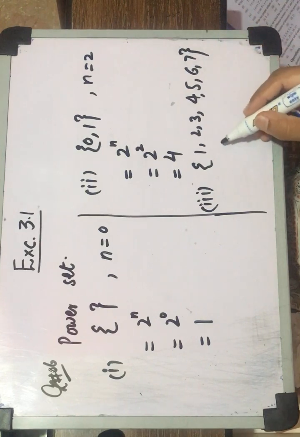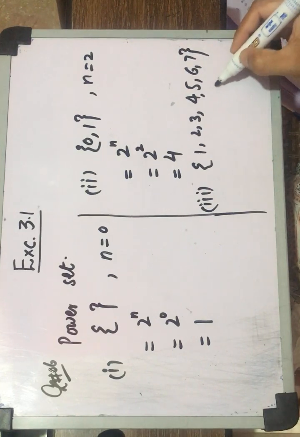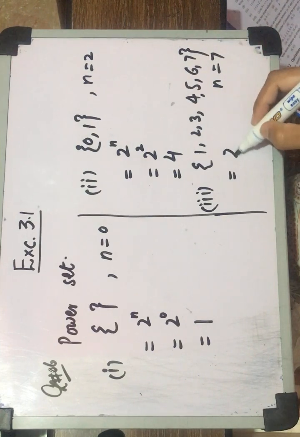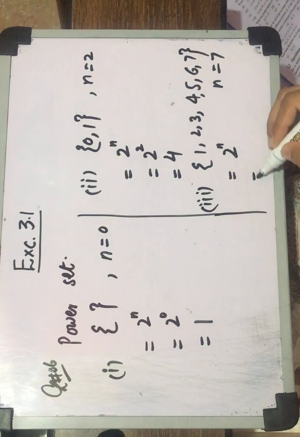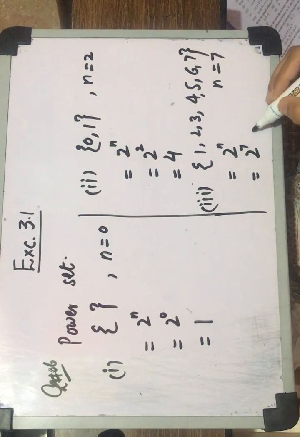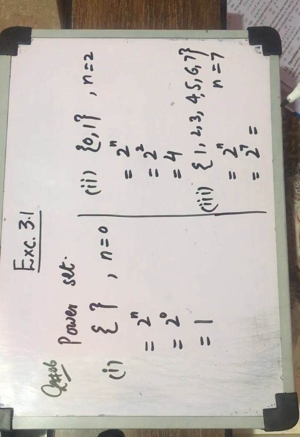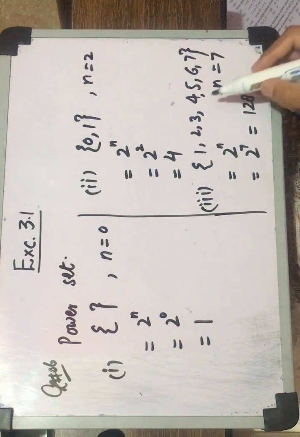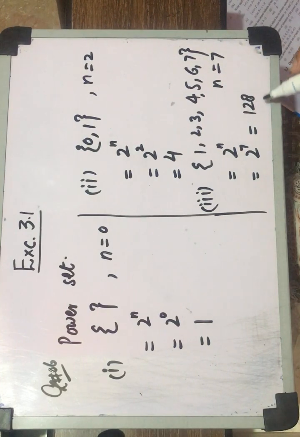How many elements are there in this set? In this set n is equal to 7, so using the formula 2 raised to power n, we have 2 raised to power 7, which is equal to 128. It means this set has 128 power sets.